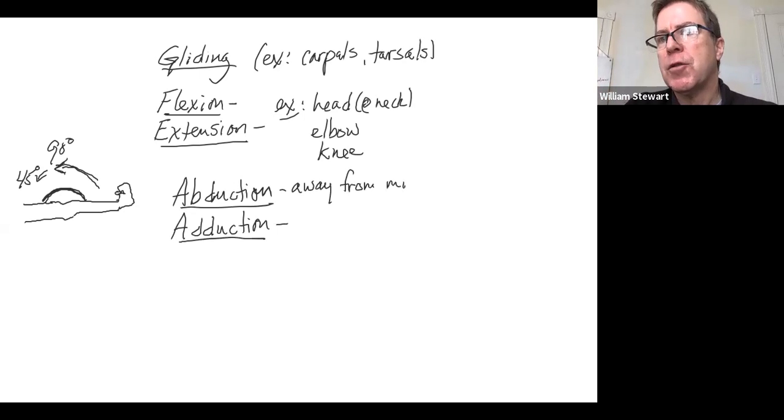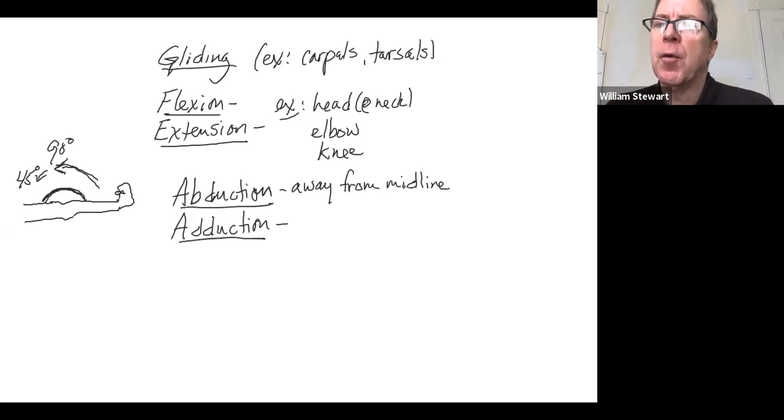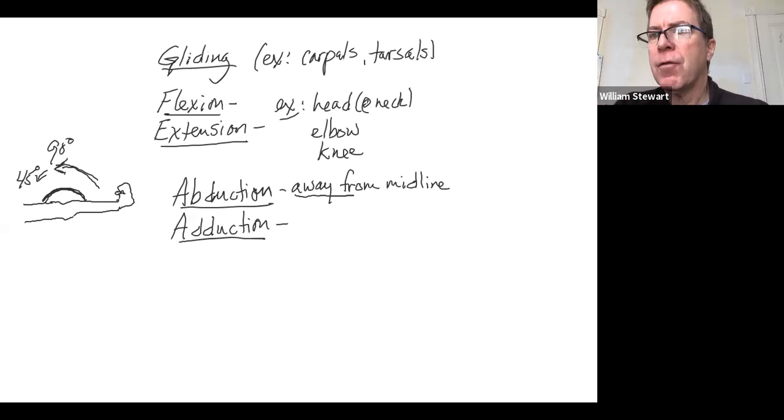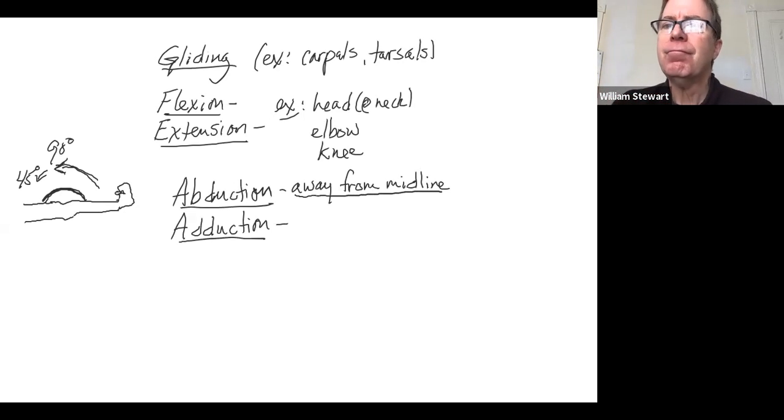So if you stand up straight with your arms at your side and then raise both of your arms, the movement occurs at your shoulders. But if you raise both of your arms, you're moving your arms away from the midline of the body. You are abducting your arms.